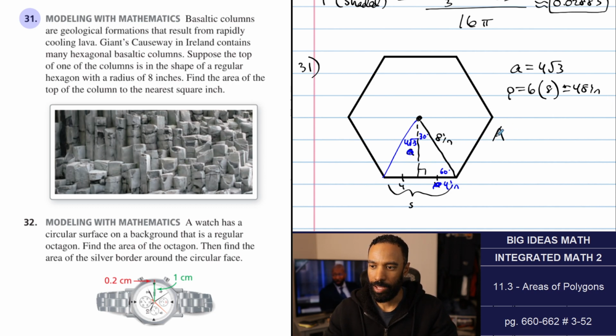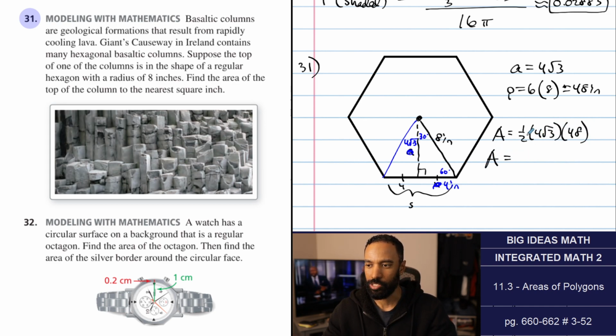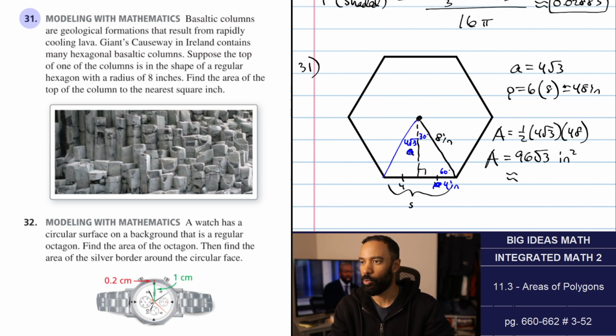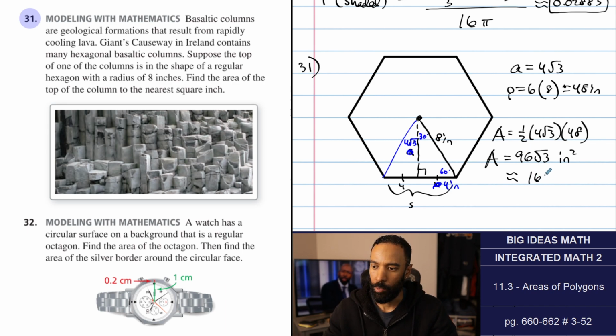So the area of this hexagon is going to be 1/2 apothem times perimeter. The exact answer will be 96 root 3 square inches. And rounded, we're going to get about 166.3 square inches.